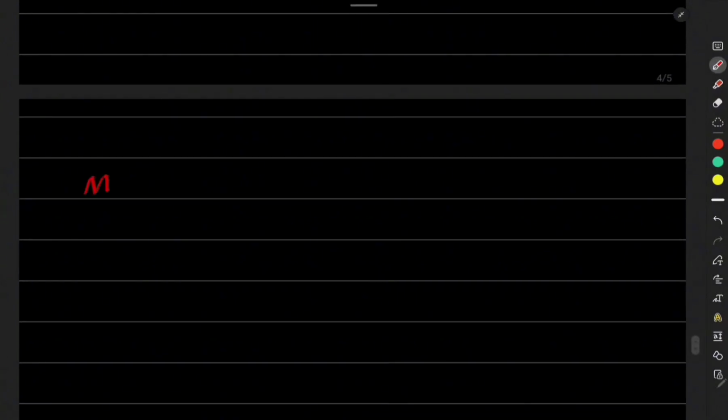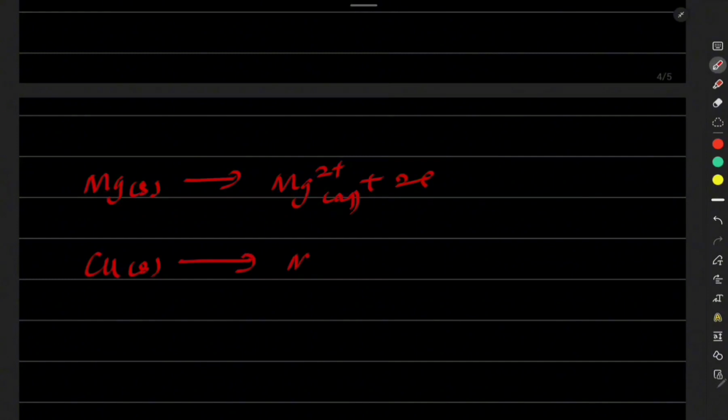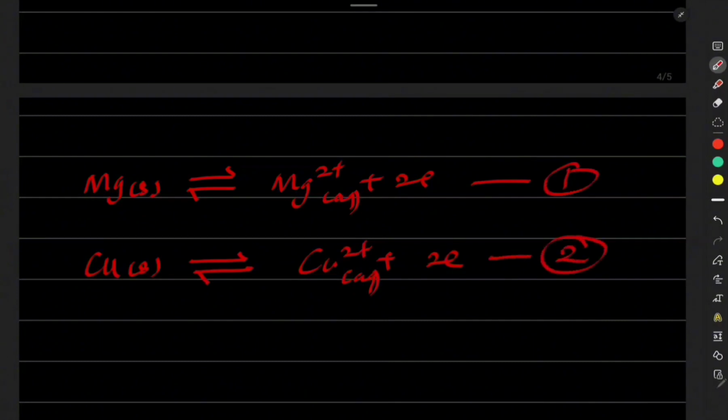If we consider those, Mg solid forms Mg2+ and 2 electrons, and if we consider Cu solid, they form copper 2+ and 2 electrons. And these are the reactions that could occur. This is a reversible reaction. This is reaction number 1 and this is reaction number 2.